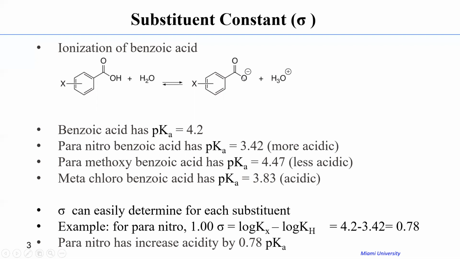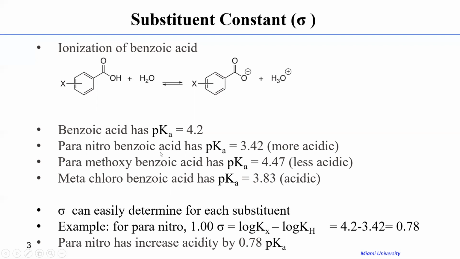So it favors dissociation and gives a much more stable carboxylate, and this is more acidic. And para-methoxybenzoic acid, which has an electron donating group, has a pKa of 4.47, which is less acidic. And meta-chlorobenzoic acid has a pKa of 3.83, which is acidic but not as much as nitrobenzoic acid.